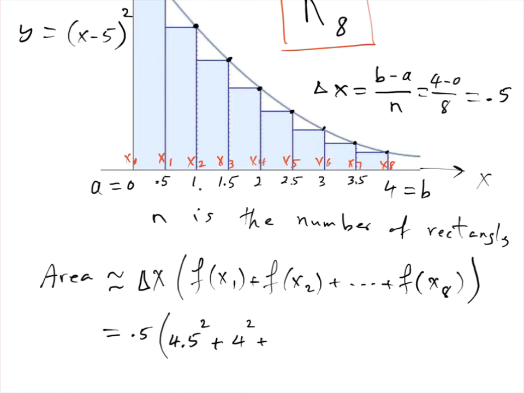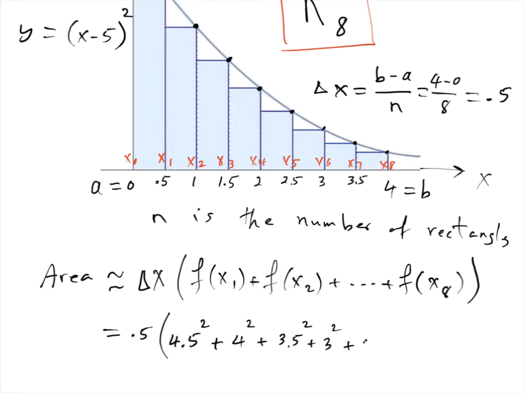you plug in 1.5, and that gives you 3.5 squared, and similarly get 3 squared, because you change x by halves. But you're subtracting 5 from it, so these numbers go down, and you can see the heights are going down.